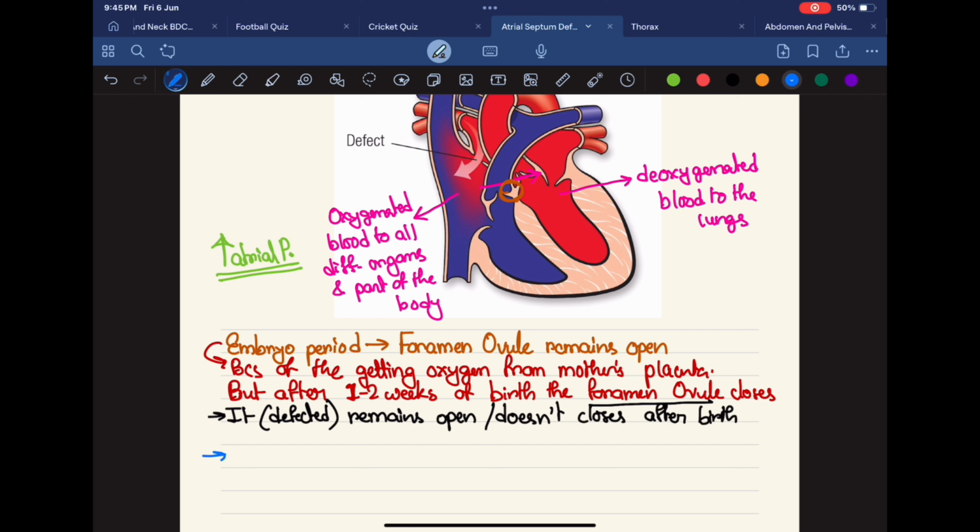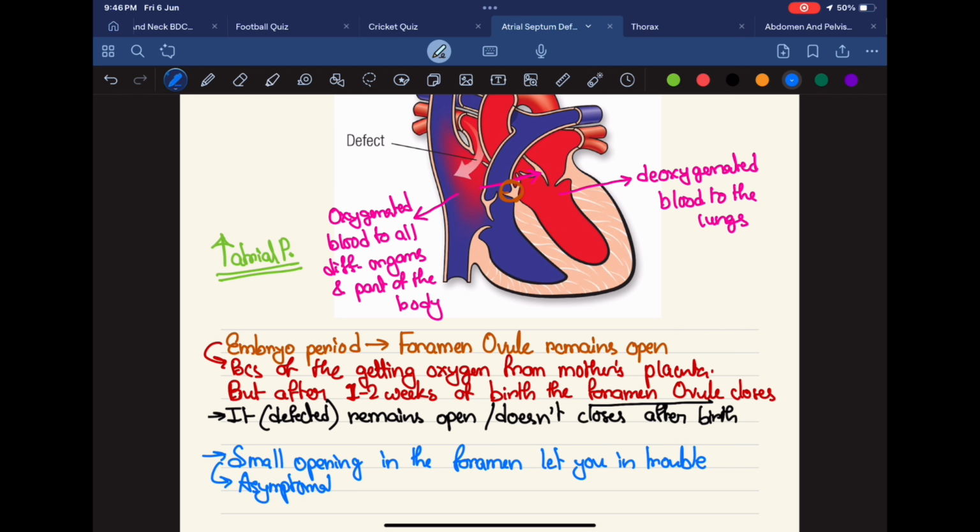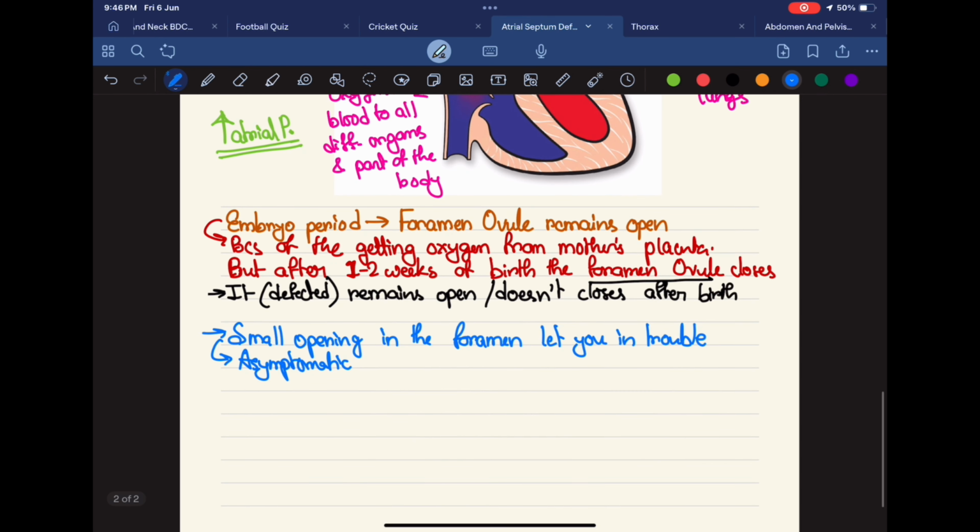Having small openings in the foramen ovale doesn't get you in trouble, which is literally asymptomatic, and normal people can't judge any atrial septal defect.